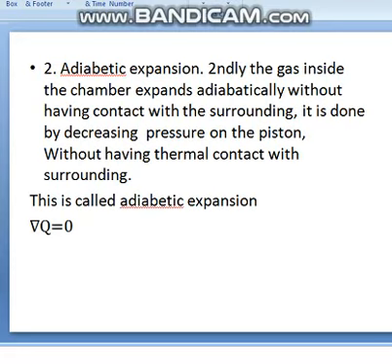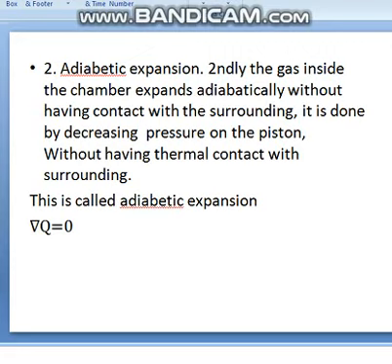The second process is adiabatic expansion. Secondly, the gas inside the chamber expands adiabatically without having contact with the surroundings, and it is done by decreasing pressure on the piston. In the adiabatic process, first of all the pressure on the piston is decreased, and then the gas inside the piston expands adiabatically, on its own kinetic energy, on its own energy.